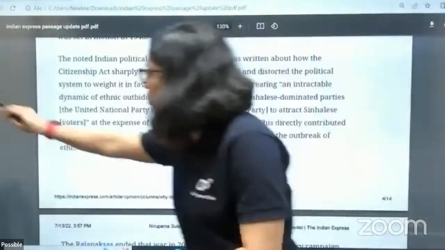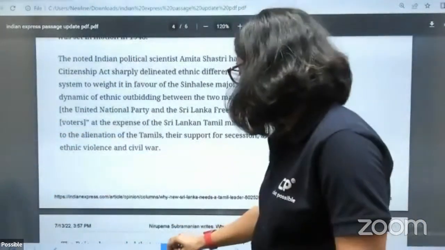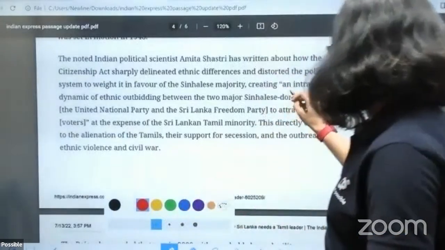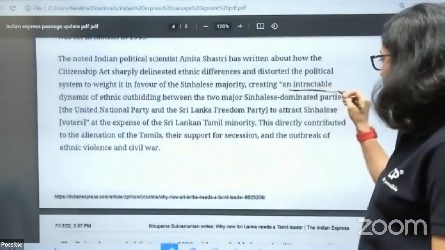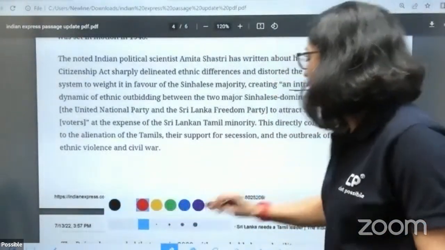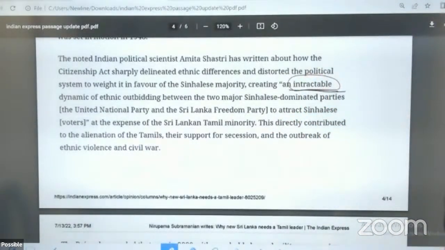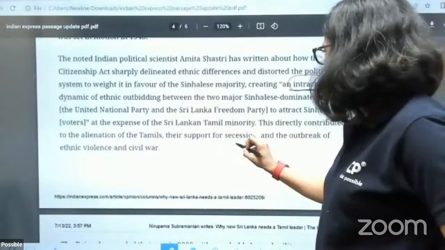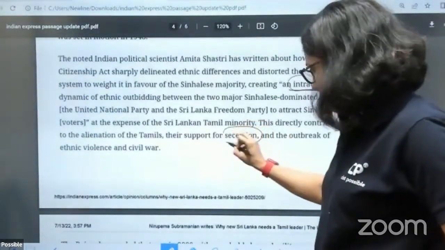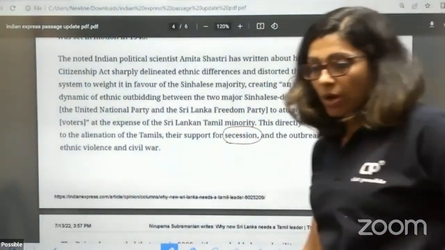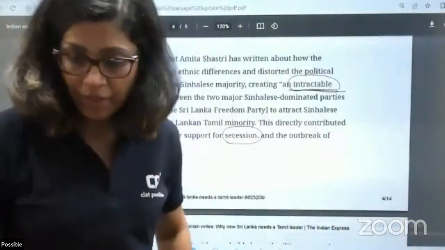Okay, give me the meaning of the word intractable. Intractable. And secession. Give me the meaning of the word intractable.